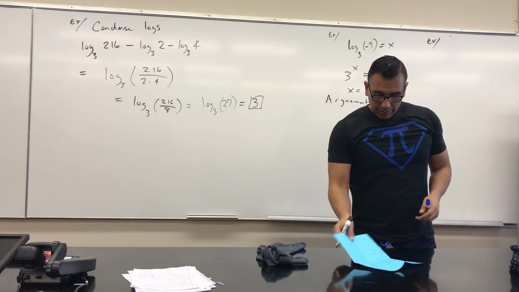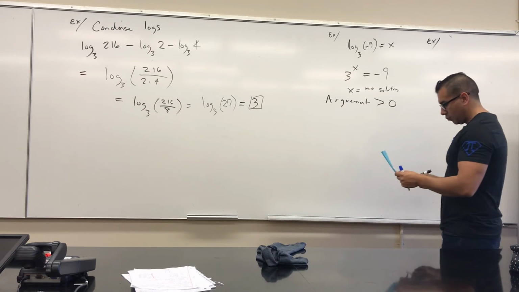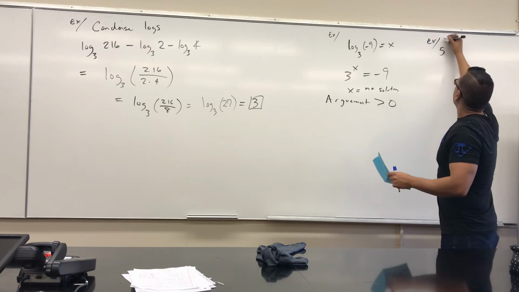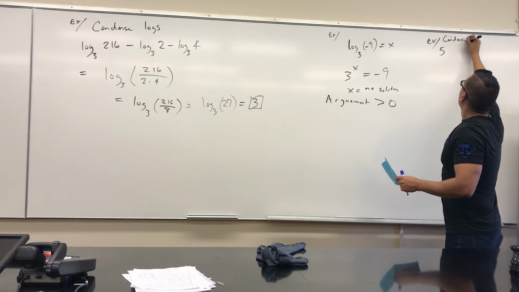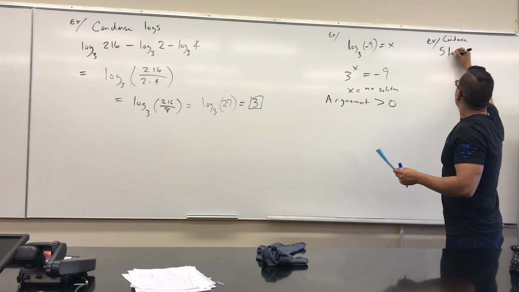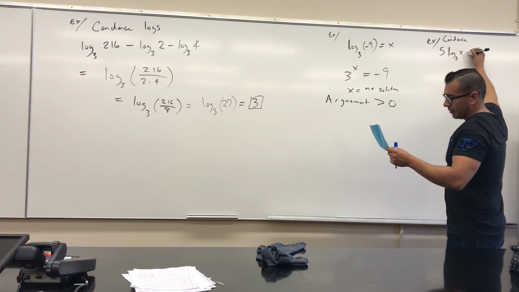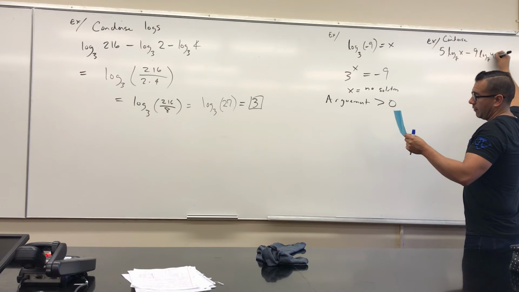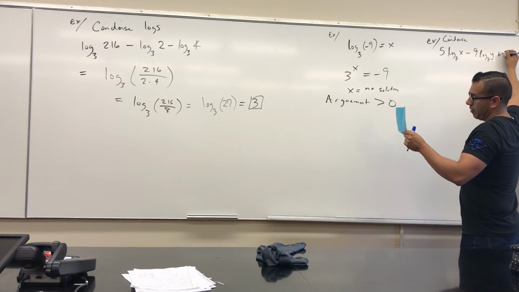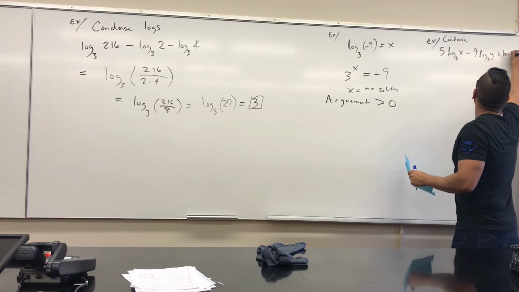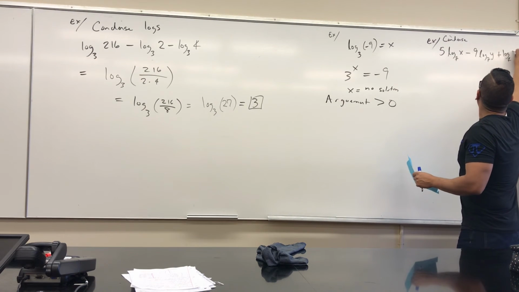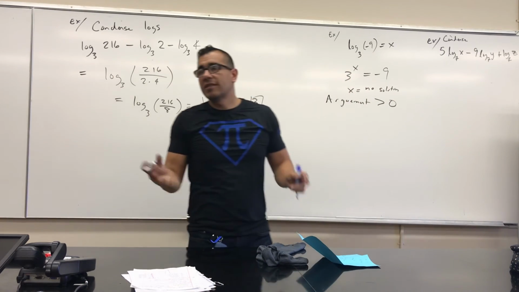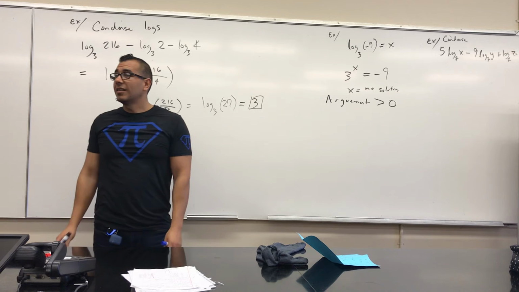All right. Let's mix it up a little bit. Let's go with 5 log base 7 of x minus 9 log base 7 of y plus log base 7 of z, and I want to condense this instead of writing all these different logs.